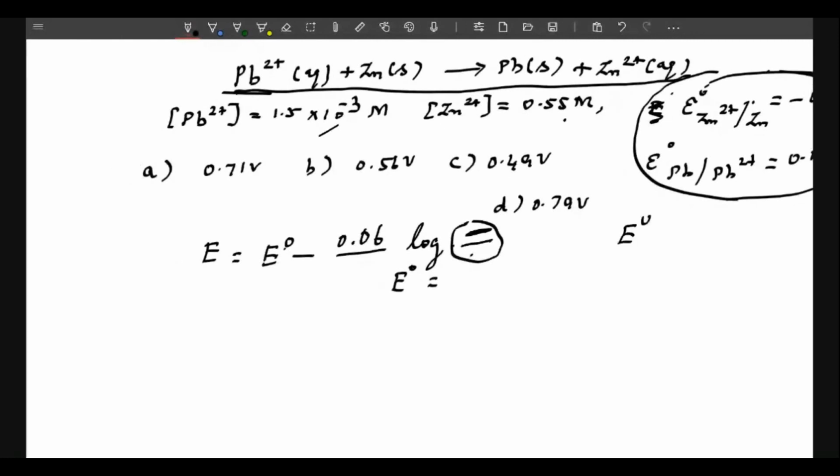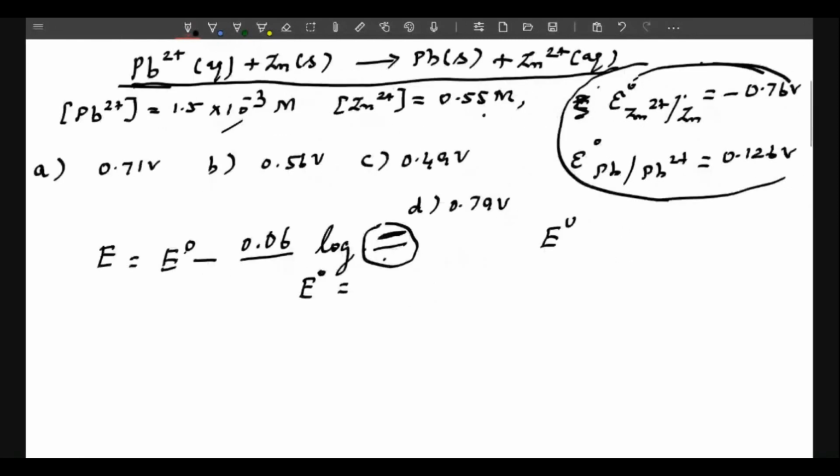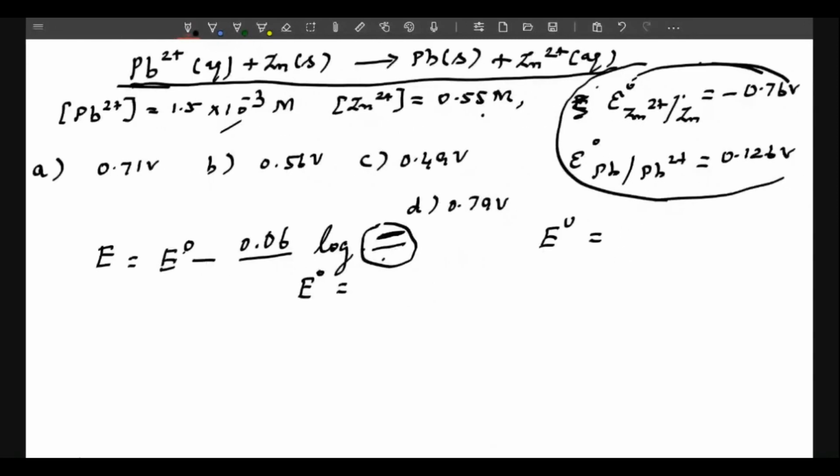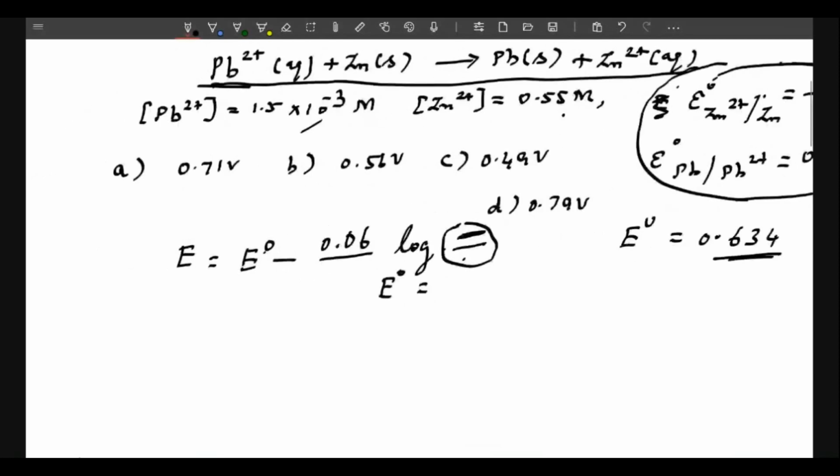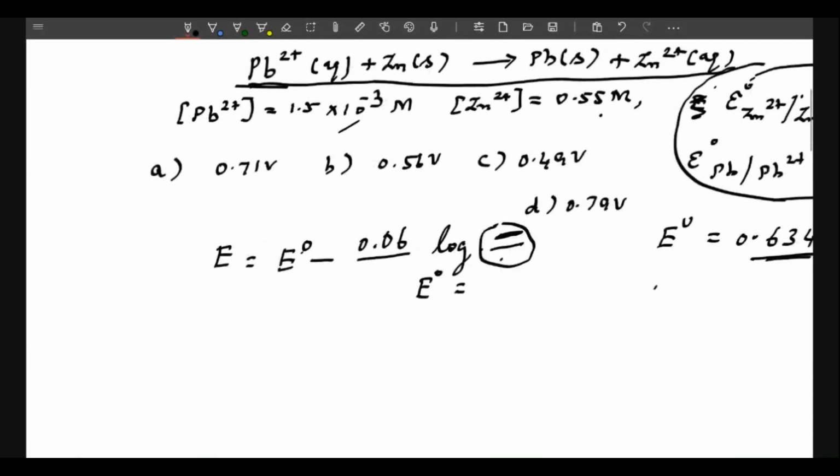Just reverse this and you will get E naught equal to, on substituting, what do you get? 0.634, I think so. Therefore E value should be less than 0.634. Therefore which answers are not possible? A is not possible, D is not possible. Either B or C would be the correct answer. Okay.